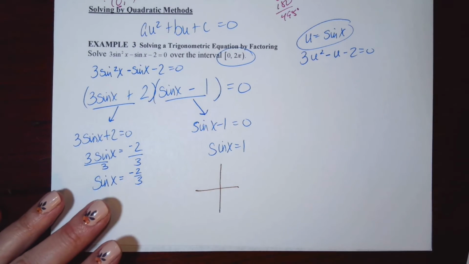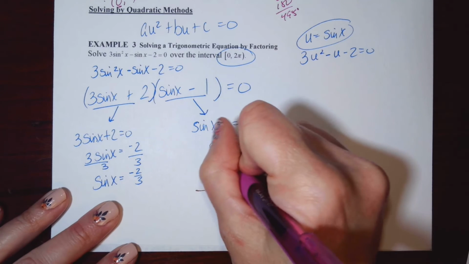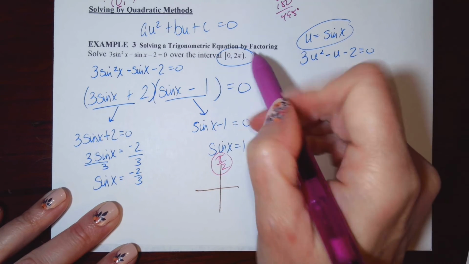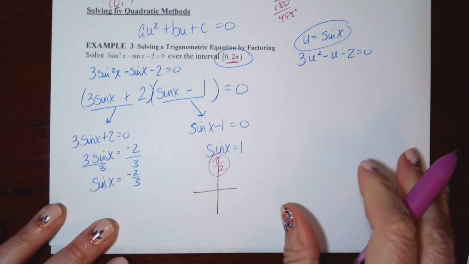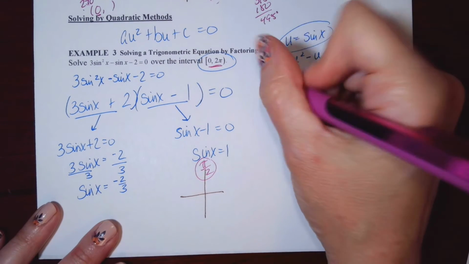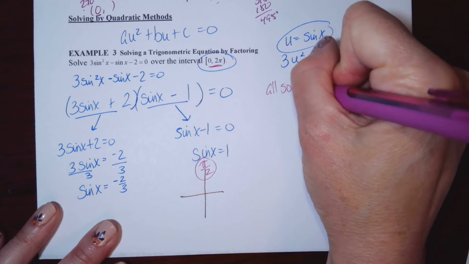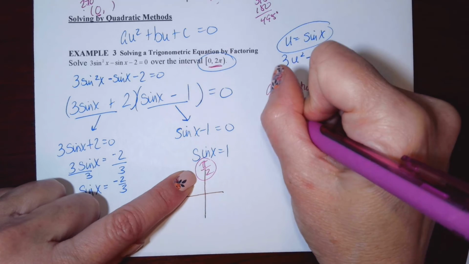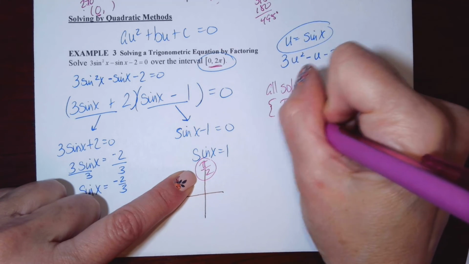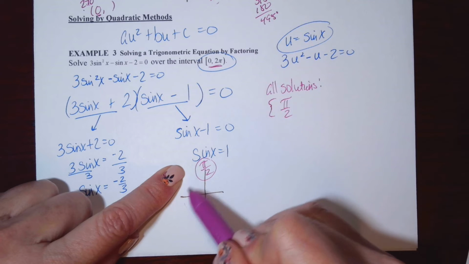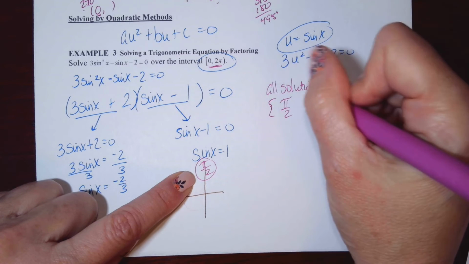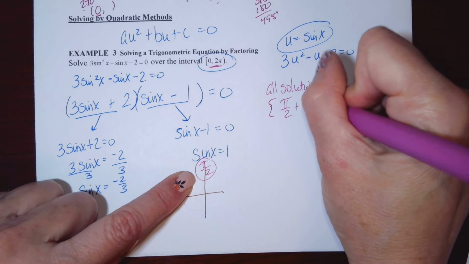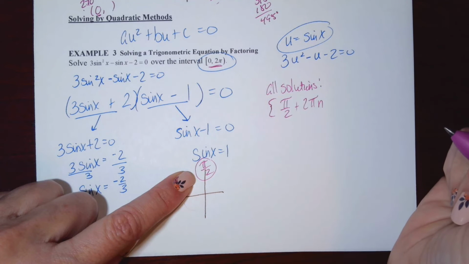So this solution at pi half, remember I'm in radians here. If I'm going to do my all solutions statement, my first solution is that every time I come around to pi half, and to get back to pi half, I have to add 360 or 2 pi radians. So plus 2 pi n, where n is any integer.